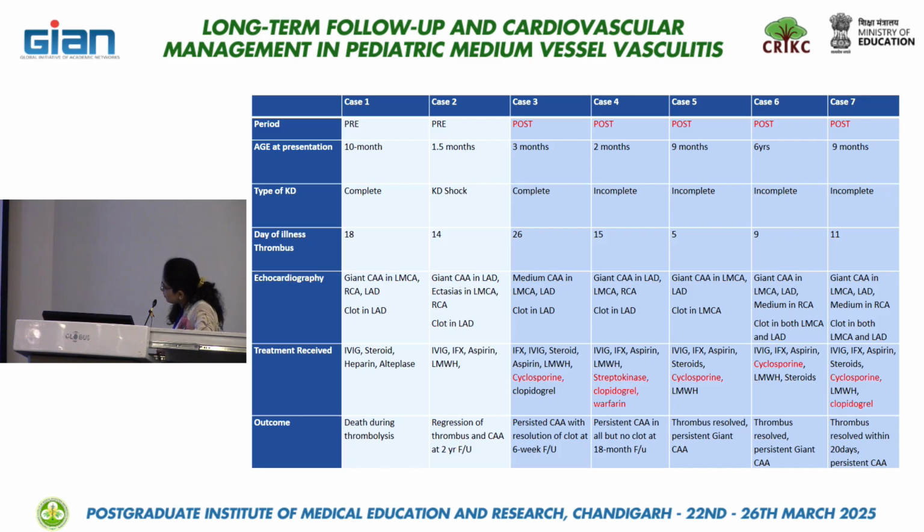After treatment, the thrombus resolved but aneurysms persisted. The last case was a 9-month infant with incomplete Kawasaki disease developing thrombus on the 11th day of illness with giant coronary artery aneurysm in LMCA and LAD. After treatment, the thrombus resolved within 20 days of illness but aneurysms persisted.